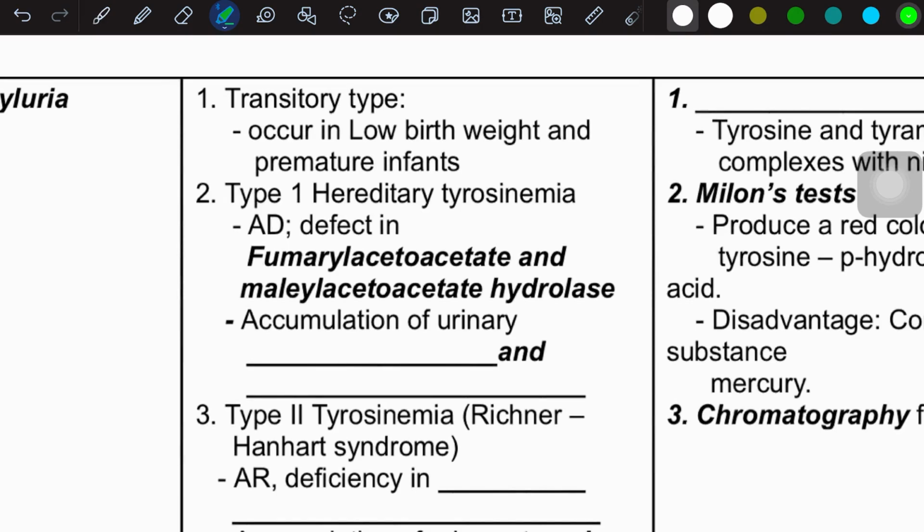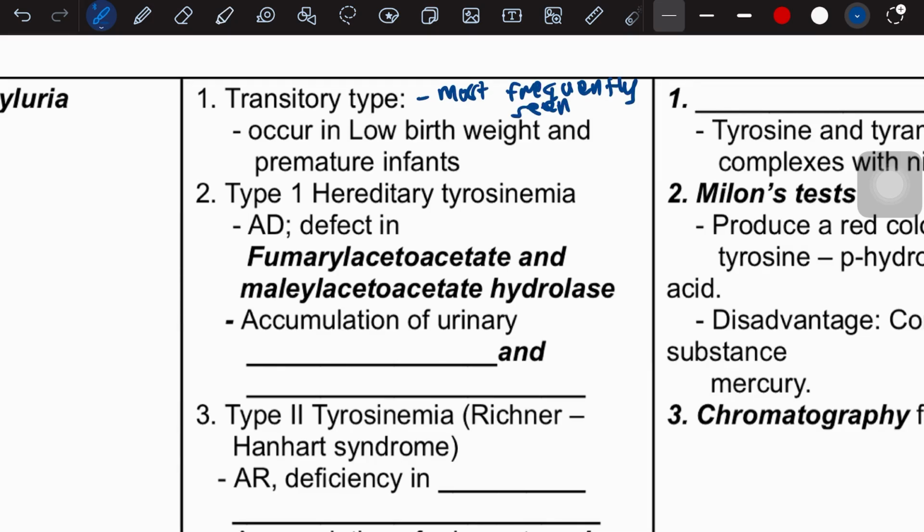So, your transitory type, this is the most frequently seen. And this is due to or caused by the underdevelopment of the liver. So, ni-occur ni siya sa mga low birth weight and premature infants.